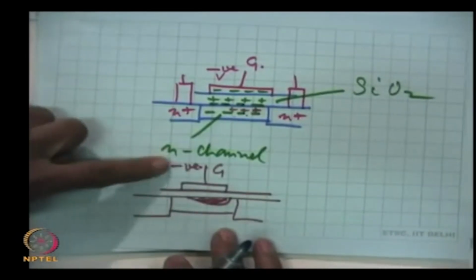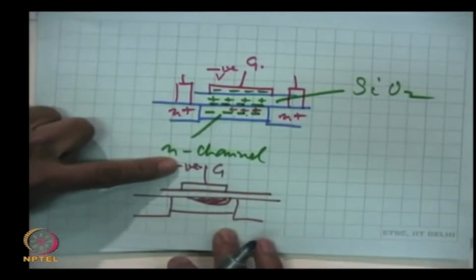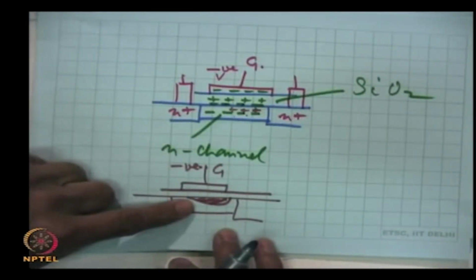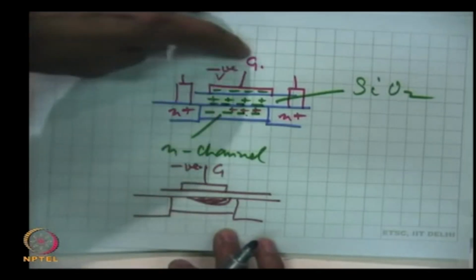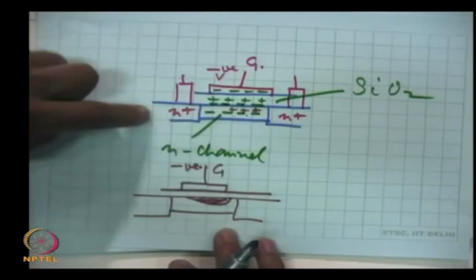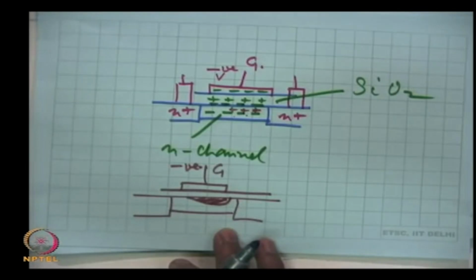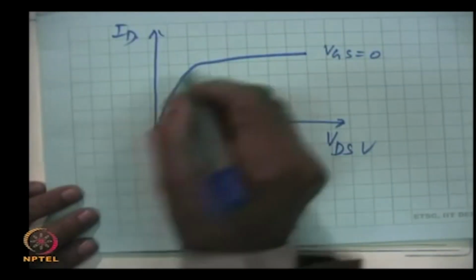Now, we have given a negative voltage that reduces the conductance. So, for the same drain source voltage, the current will fall, and this way we will get these characteristics.